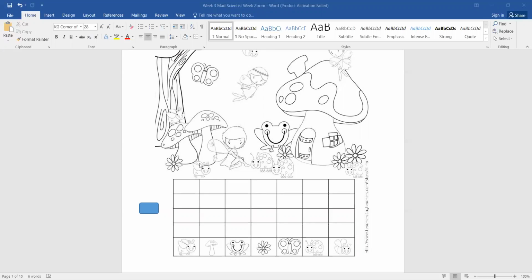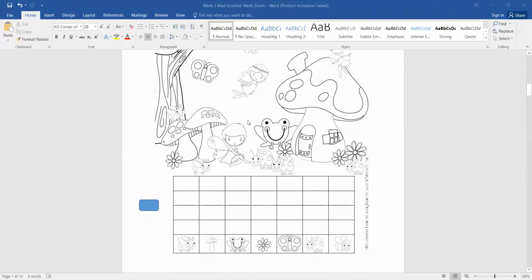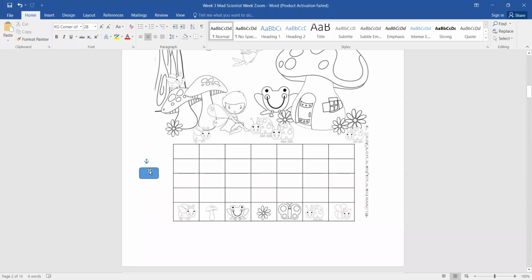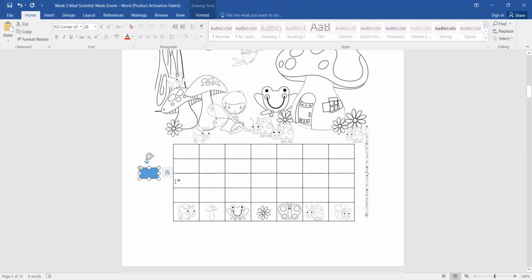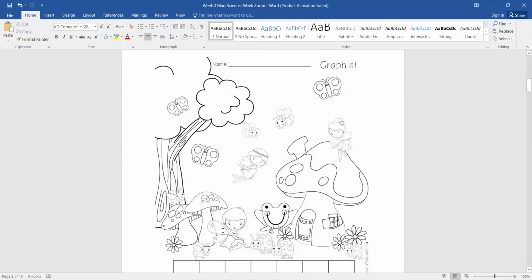There's 1, 2, I think there's only 2. So that means we need to copy 1 here and another one because we've counted 2. Okay, now mushrooms. How many mushrooms do we see?